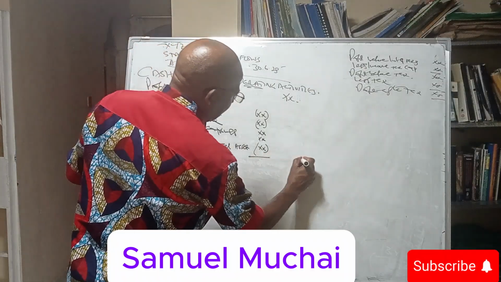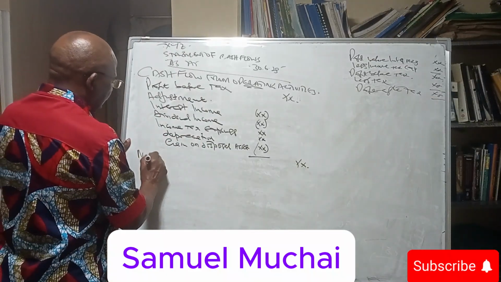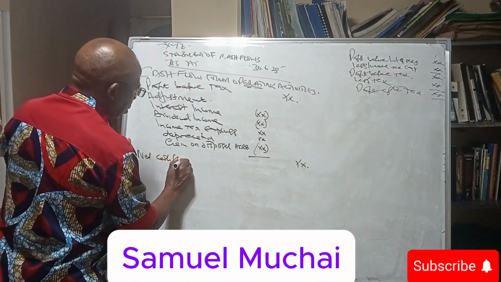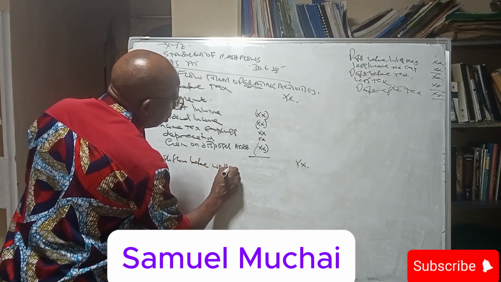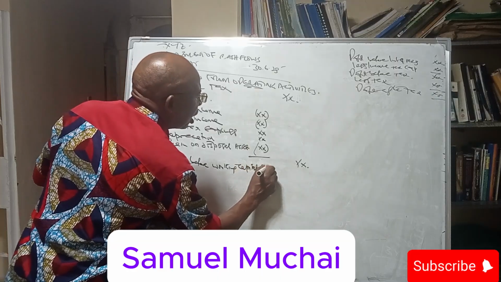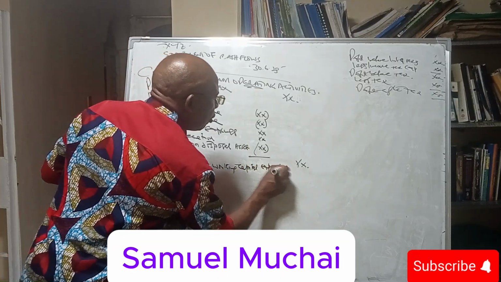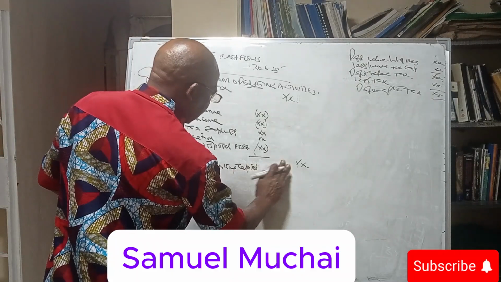So we get the net cash flow before working capital adjustments.